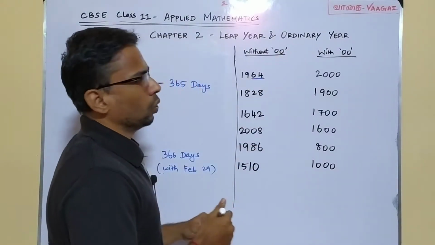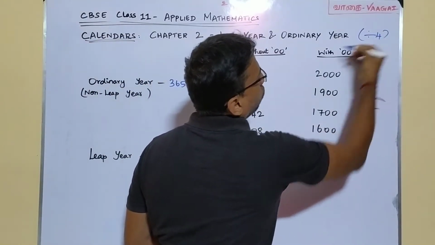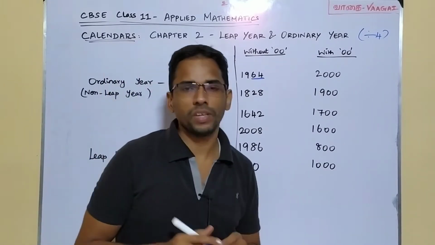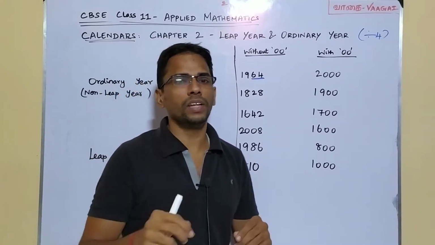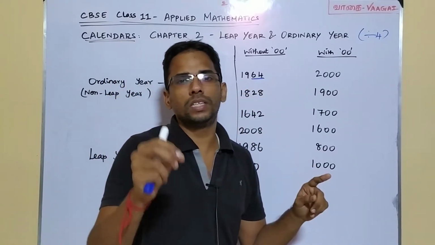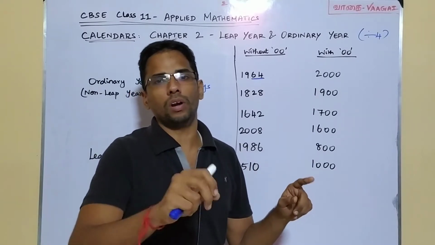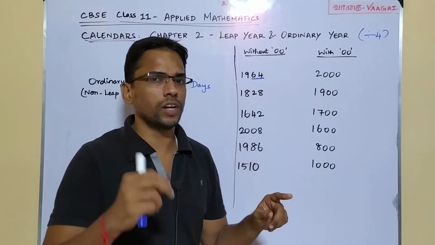Yes, let me just note it here. You have to divide it by the number 4, and check whether your number, here in this case 64, is divisible by 4 or not. That is what you have to check. Is 64 divisible by 4? Can you check it?